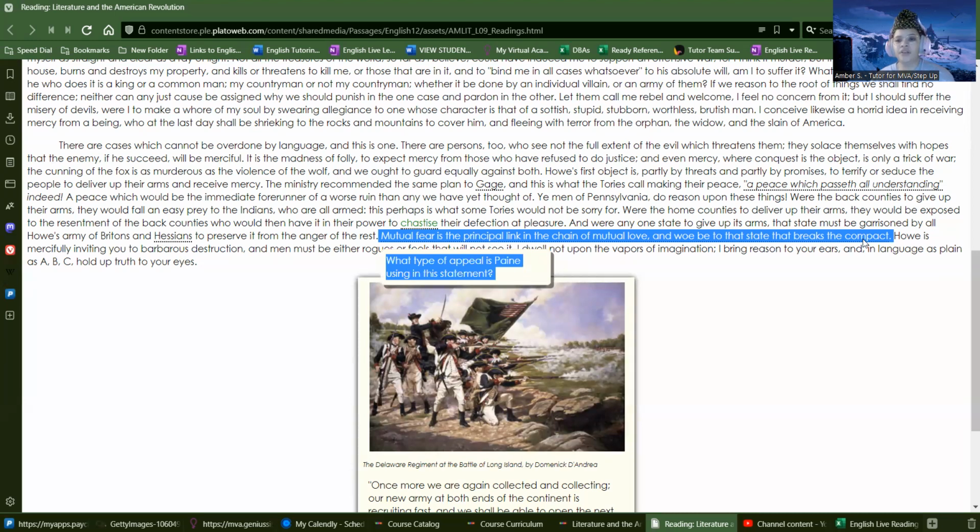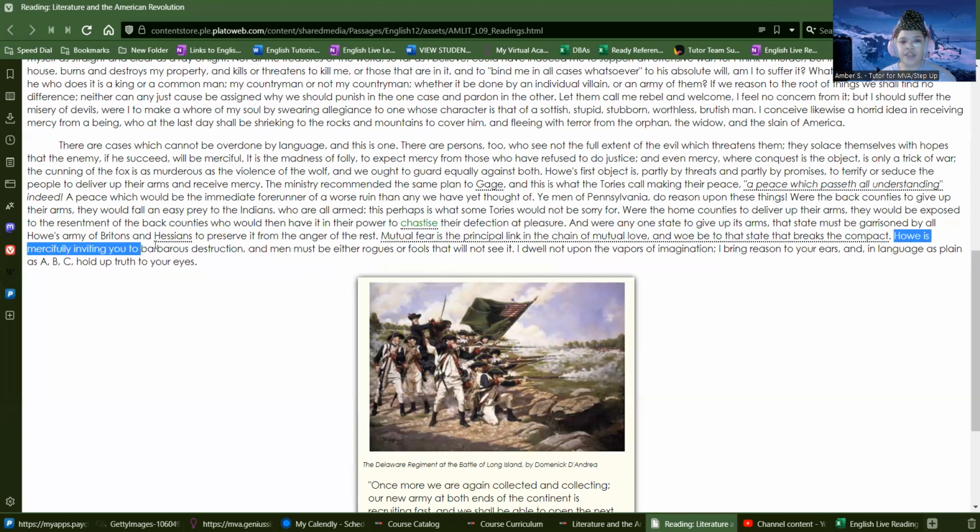So if all of the counties and states have come together to defend against the British, and they've come to depend on each other and love each other more because they're all fighting the same enemy, what do you think will happen if one of the states or counties just decides, no, never mind, I'm going to turn on everyone? So that's what he's referring to when he says, woe be to that state that breaks the compact. So this is almost a threat.